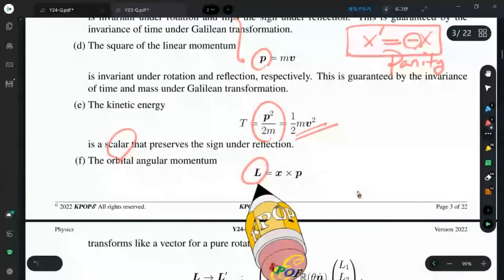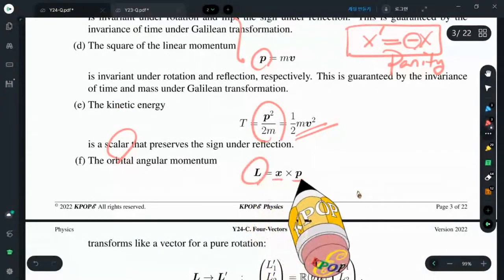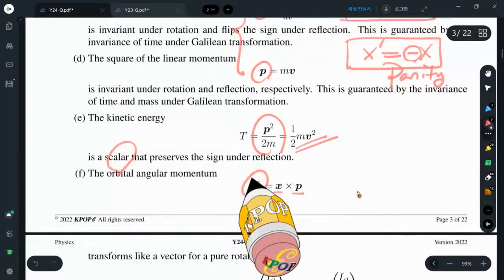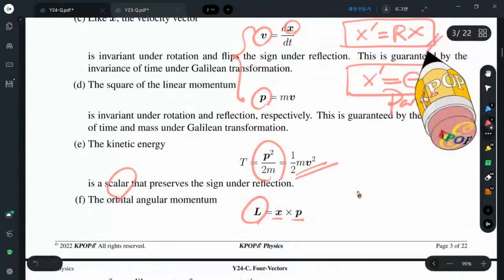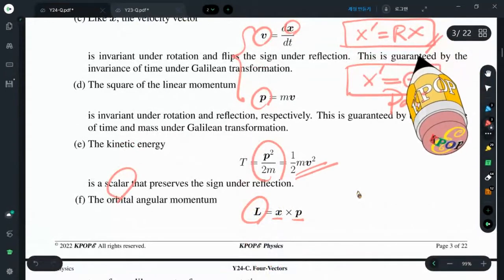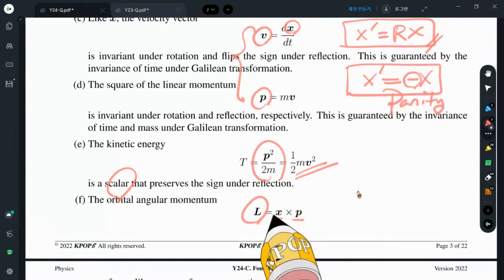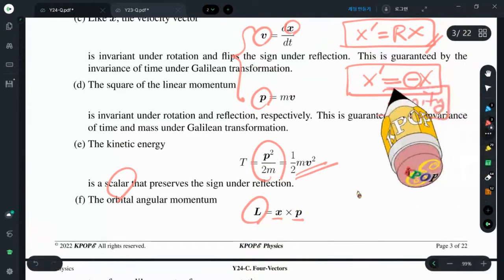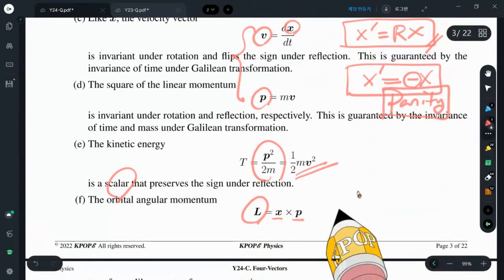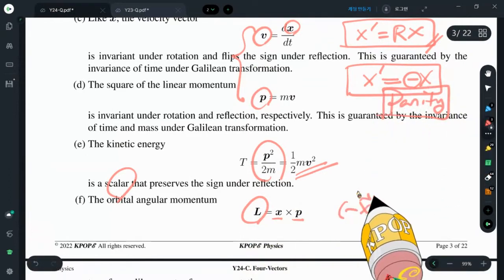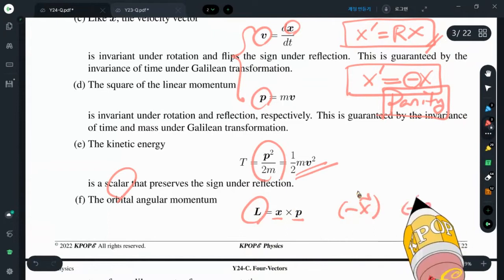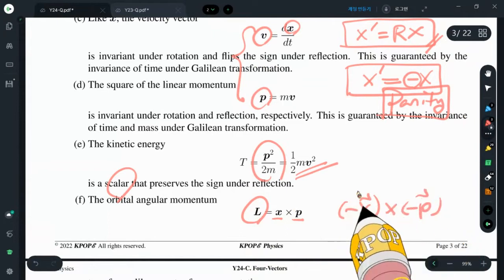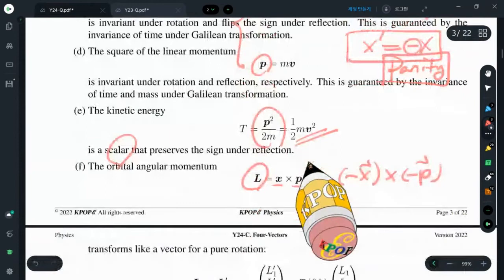Even though angular momentum, that is x cross p, is transforming the same as a vector under rotation, it is not exactly the same as a vector, because if we make a transformation called the parity, x becomes -x and p becomes -p, and this minus sign cancels.